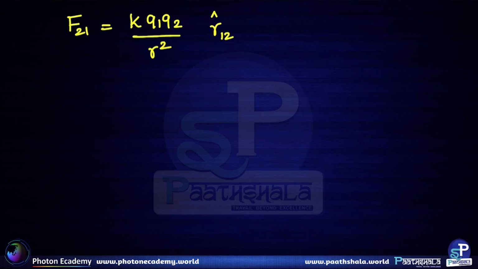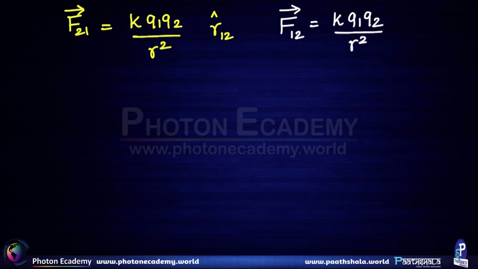Now if we would like to write down the force on charge 1 because of charge 2, we can similarly write it down as force 12 vectorially. Here also we can write this down as a vector. So force 12 vectorially is going to be given as k times q1 q2 upon r square, and here the vector that we'll write is r cap 21.